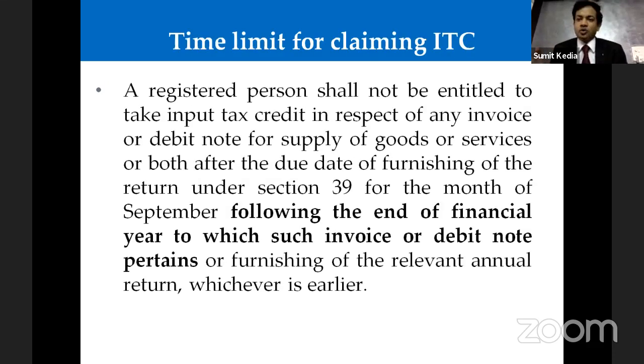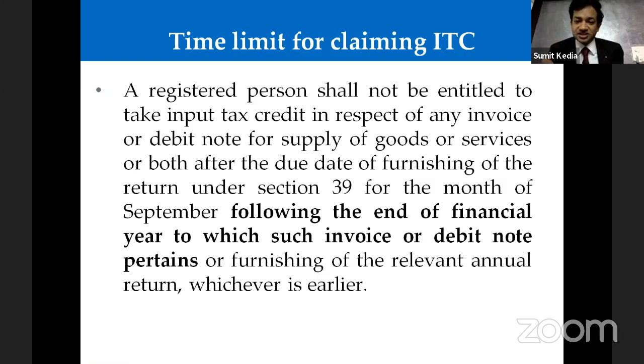To discuss the answer, I would like to draw your attention to the provision of section 16 subsection 2. A registered person shall not be entitled to take input tax credit in respect of any invoice or debit note for the supply of goods or services or both after the due date of furnishing return under section 39, which is GSTR 3B, for the month of September following the end of financial year to which such invoice or debit note pertains.